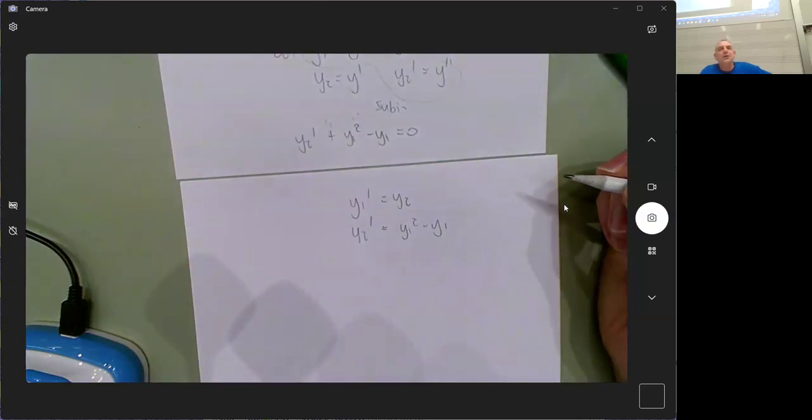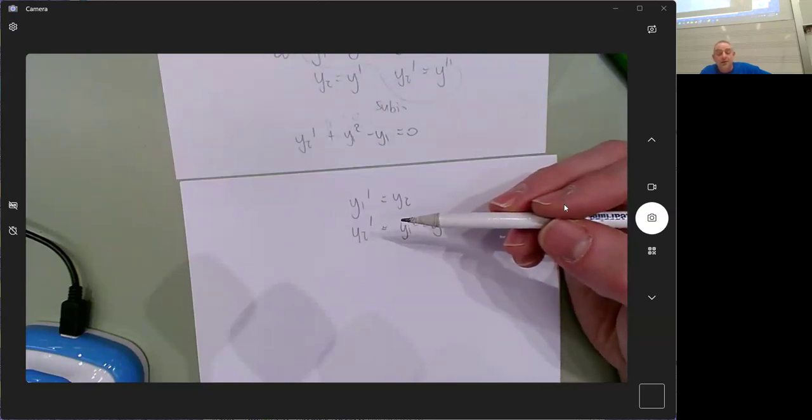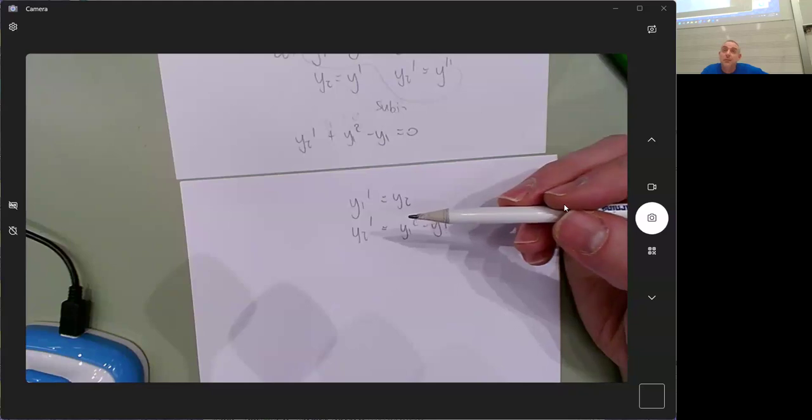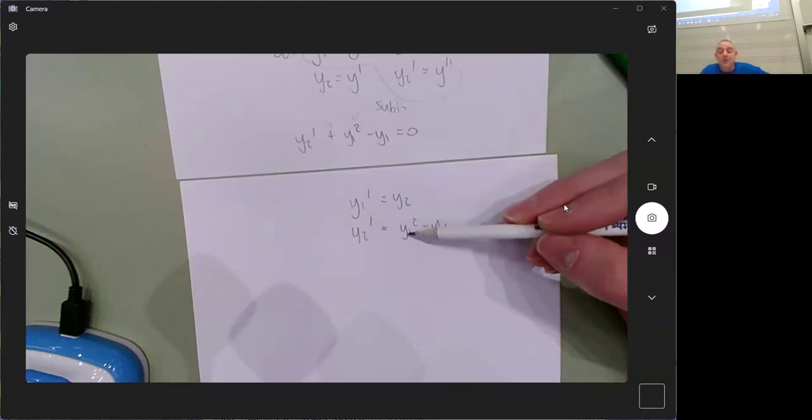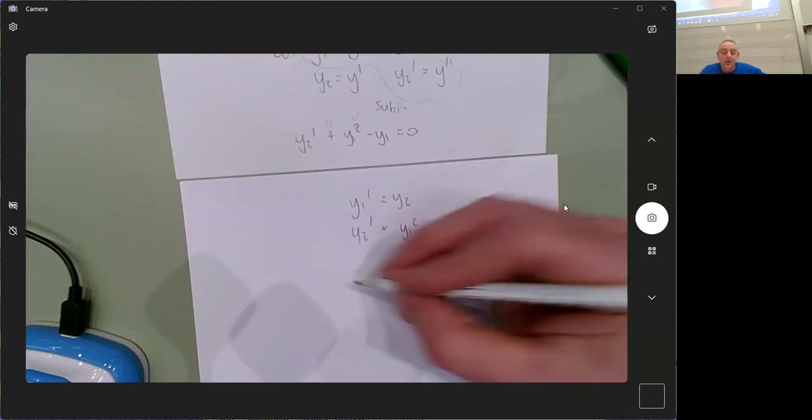And now we have two differential equations that don't mention their independent variable, which I'm assuming is time, and have two different outcome variables. And so this is now autonomous.